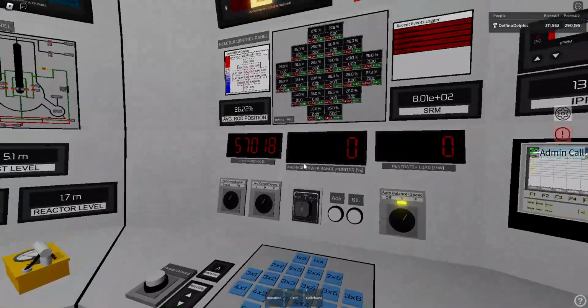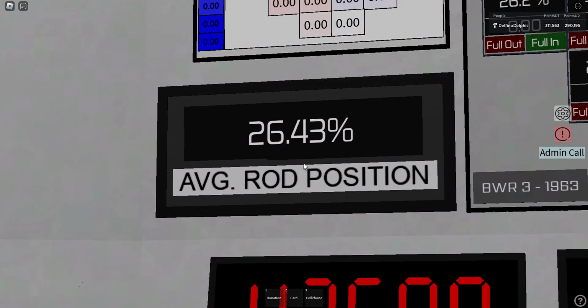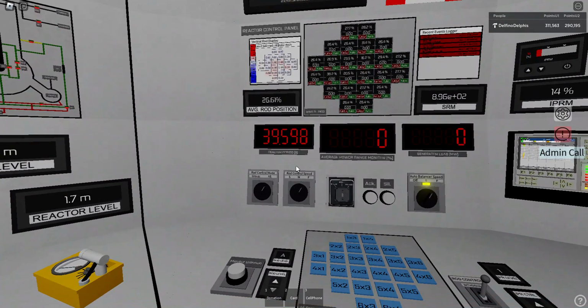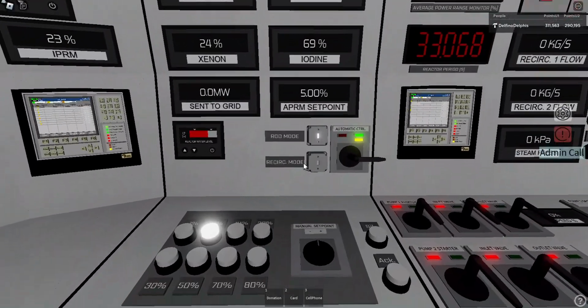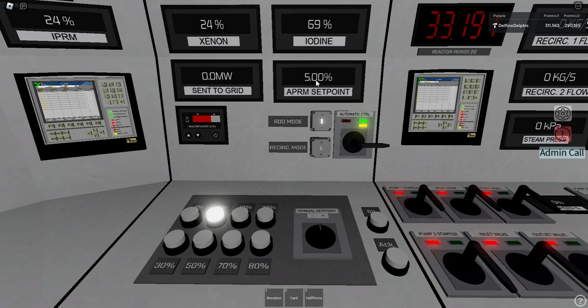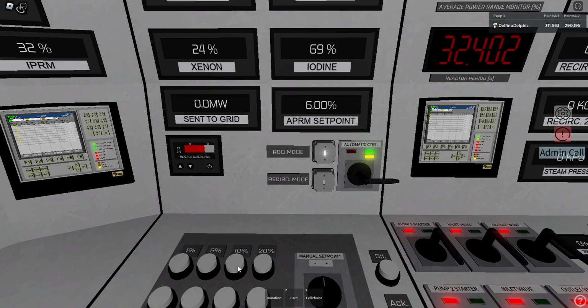And now the auto control will take care of pulling the rods, and will also take care of keeping the period above 30 seconds. You can see it will stop pulling the rods, or will do it slower if you are nearing 30 seconds. So basically you don't have to worry about it anymore. If you want to change the set point to something like 6%, you can use this manual set point switch if it's not on the buttons here.